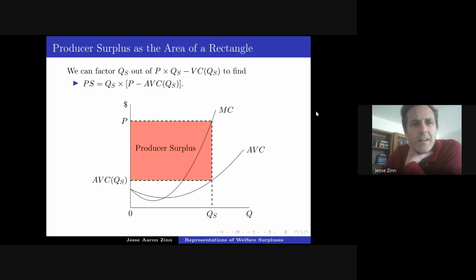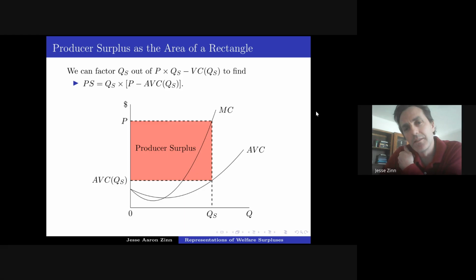All right. So the thing about that equation, that producer surplus equals revenue minus variable costs, is that it's very similar to the definition of profit. Profit we define as revenue minus total cost. And then one thing that we do with that profit formula is that we factor out the quantity supplied and show that profit is equal to the quantity times price minus average total cost.